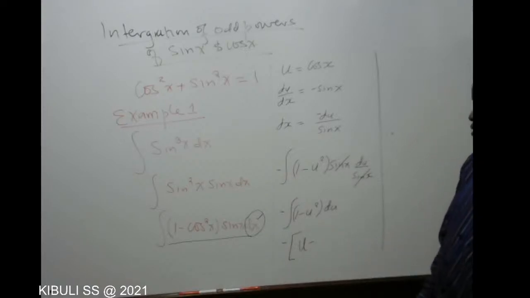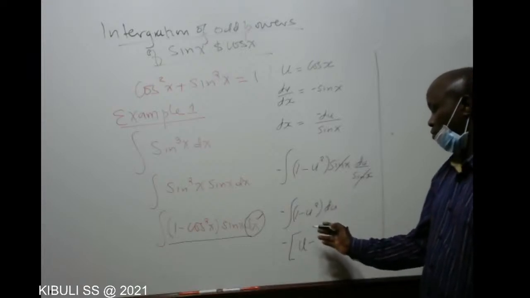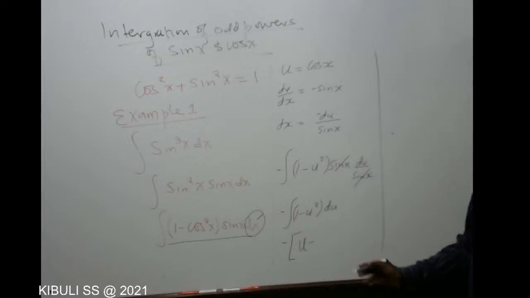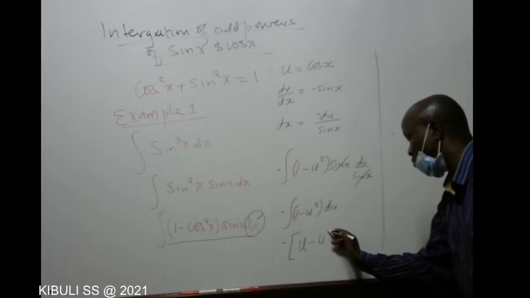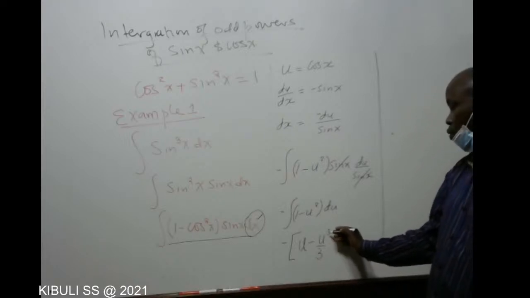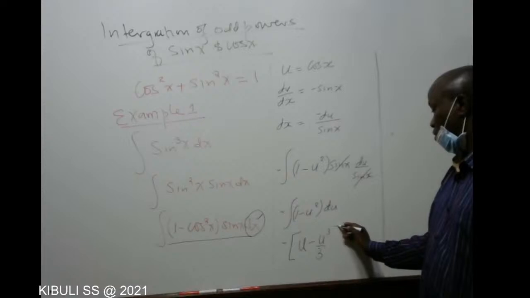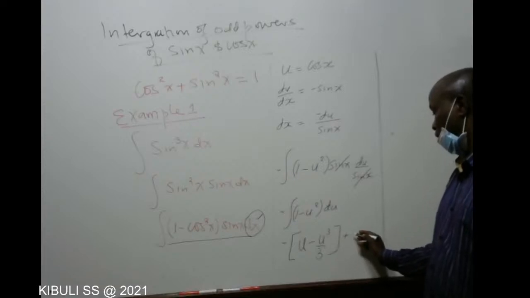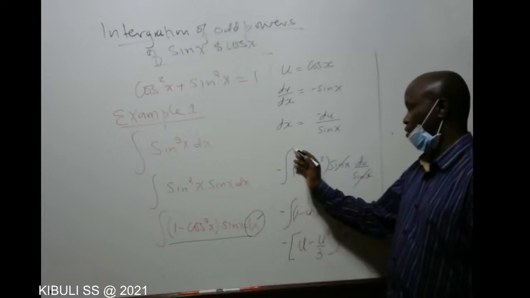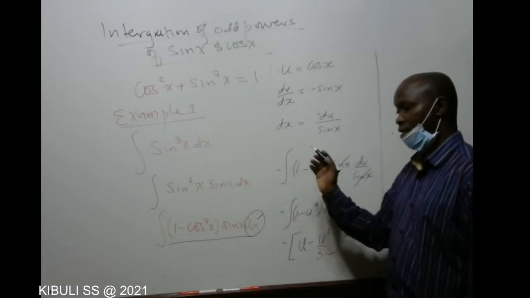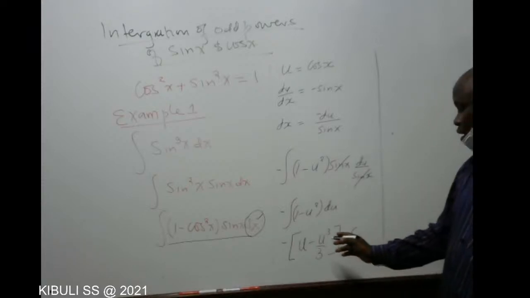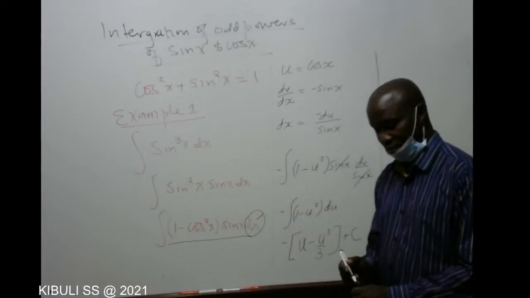The method demands that the power must be increased by 1, so we increase the power by 1, and it's going to give us u power 3 divided by what? By 3. We raise the power by 1 and divide by the raised power. Then we add a constant c. So long as the integration does not bear limits, we must add a c. And this becomes our answer.